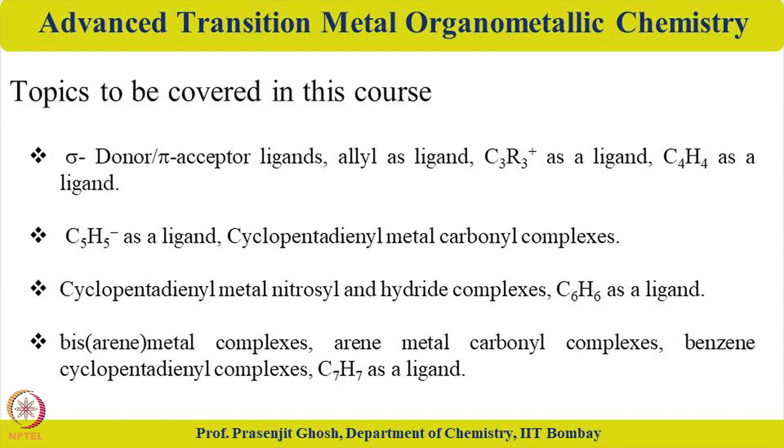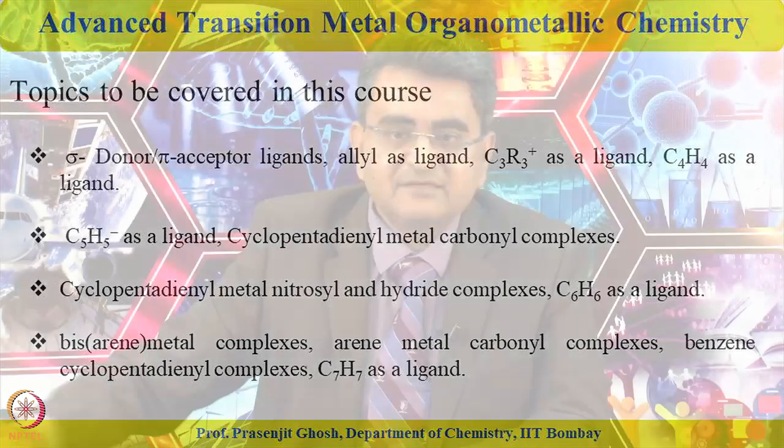So we are going to look at allyl ligands, C3R3+, C4H4 ligands, then the famous cyclopentadienyl ligands, C5H5-, then nitrosyl and hydride complexes. We are going to look also at benzene transition metal complexes as well as the C7H7 ligands, C8H8 ligands, and their metal pi complexes of heterocycles.